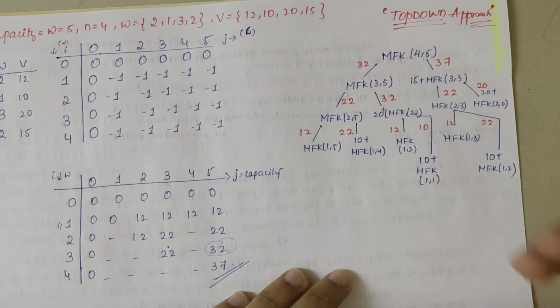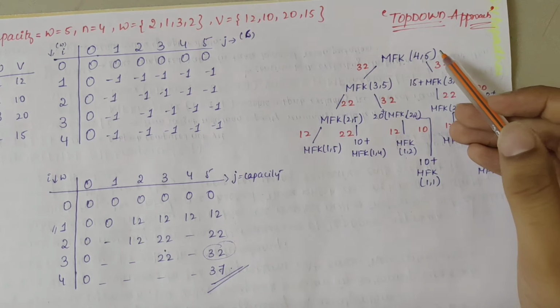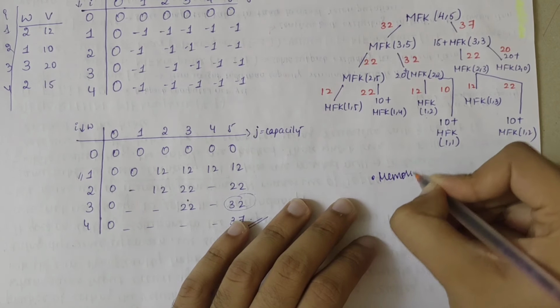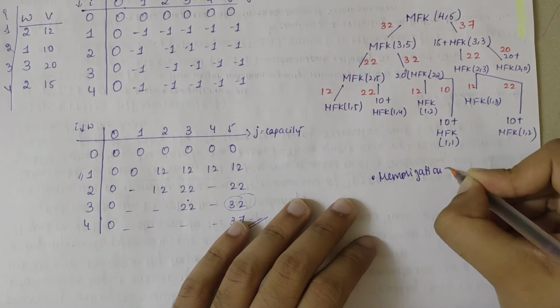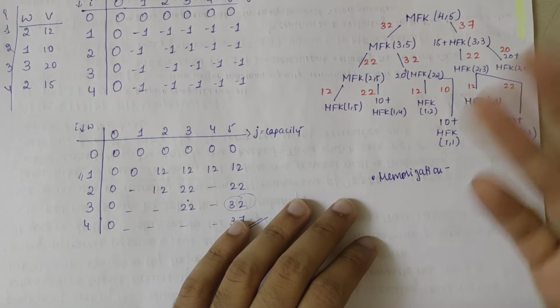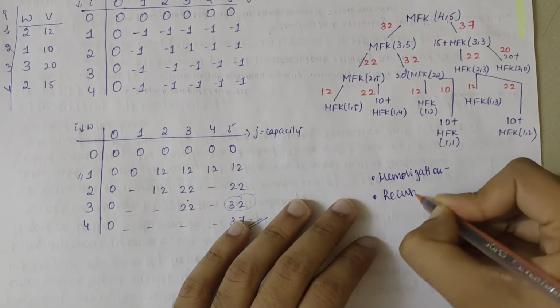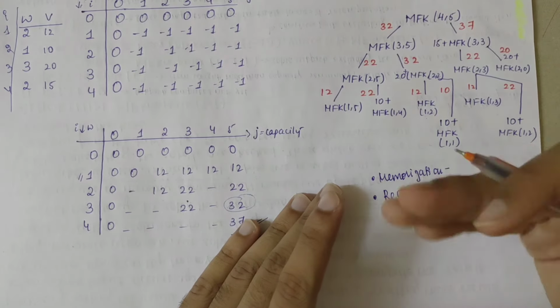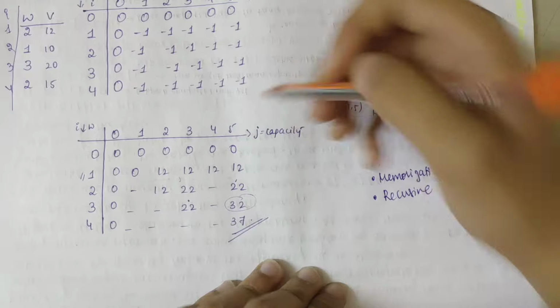The top-down approach, as they have explained here, gives us key insights. The memory function method uses memoization to avoid redundant computations. Yes, this is true. Then we have the recursive solution. The algorithm operates recursively, breaking the problem down into sub-problems and building solutions upon previously computed values. Yeah, we know this.